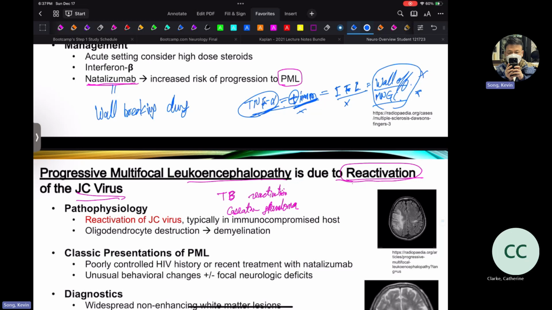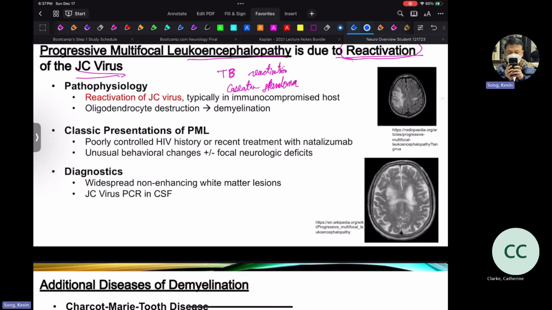So the wall is off, and now the Hamas armies can come out, right? So that's the situation. Okay, that's the reactivation of JC virus.